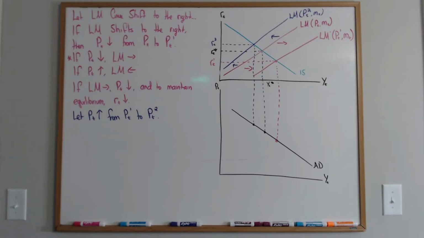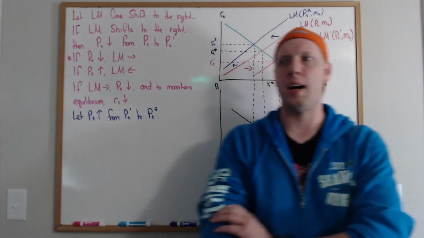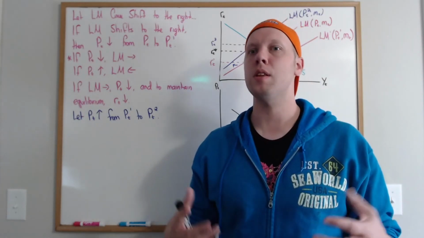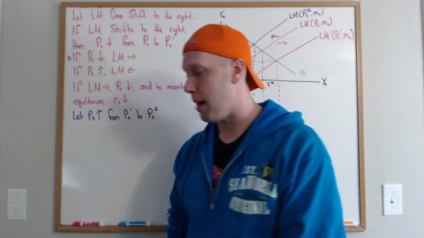But we can use these static models to understand what the dynamic models are trying to tell us. So what do I mean by that? Well, it's going to make a little bit more sense when we actually look at some shocks. But let's go ahead and draw out everything that you will be responsible for on an exam or homework or something like that.